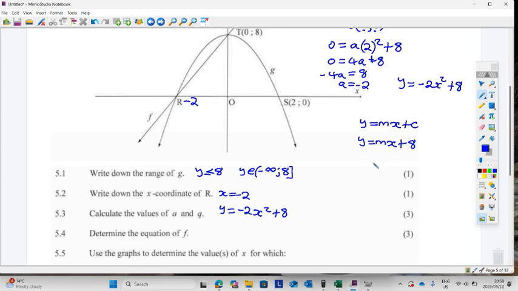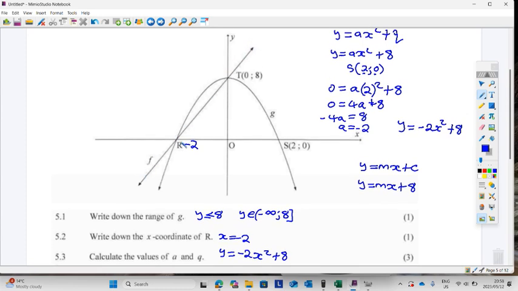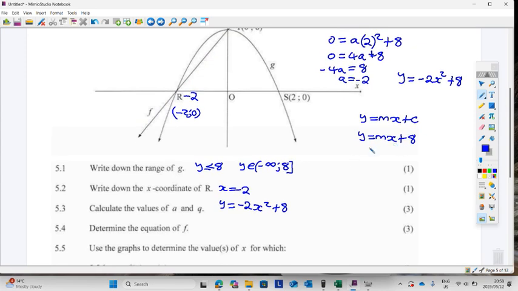We substitute another point now, which is on that line. Do we have a point? This is f, and the other coordinate there is negative 2, 0. That is the coordinate for R. Substitute that coordinate into this equation so that you get the value of m.